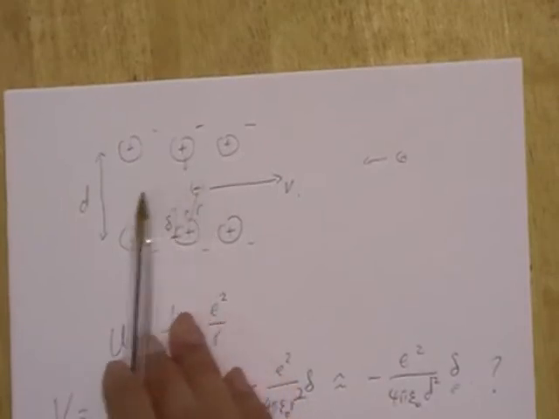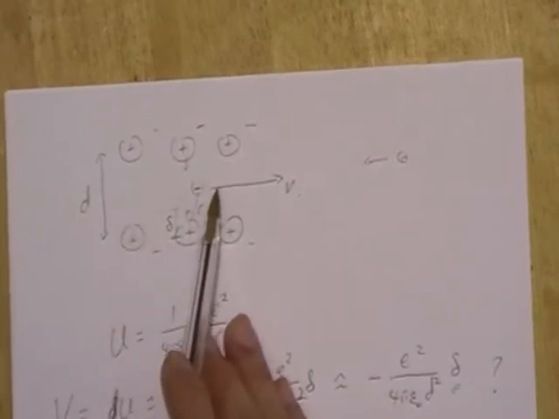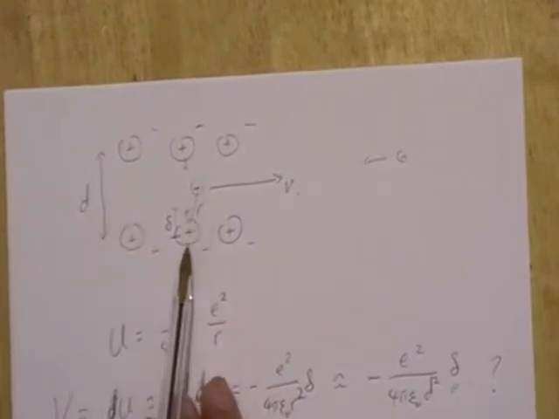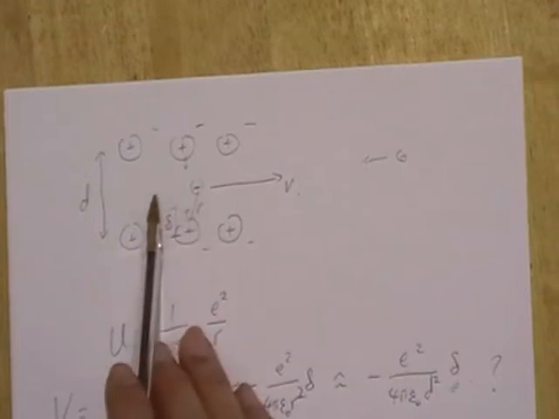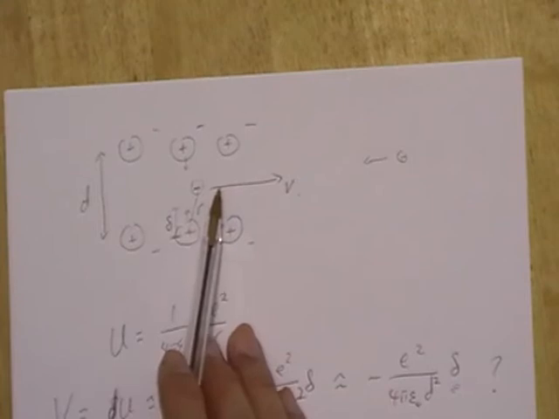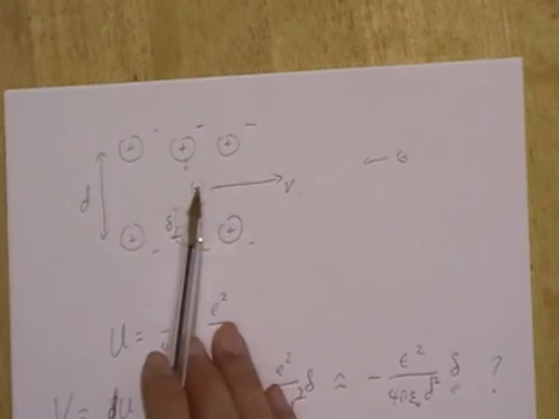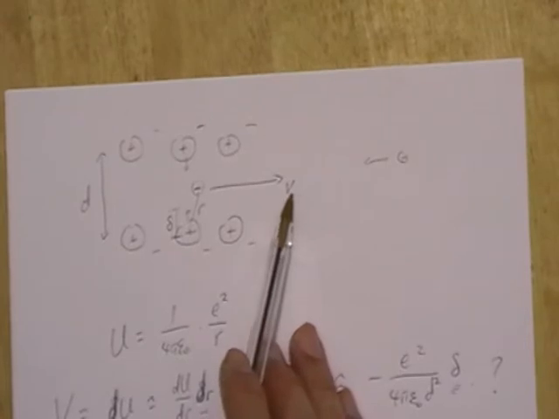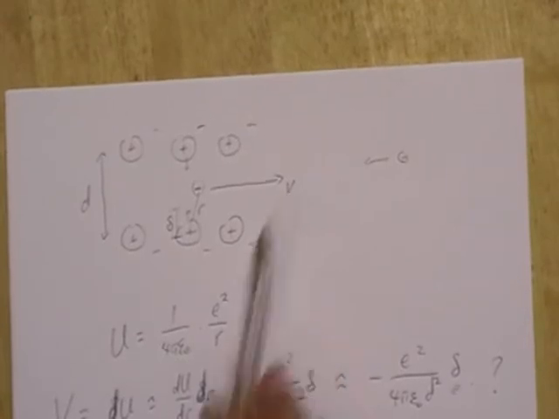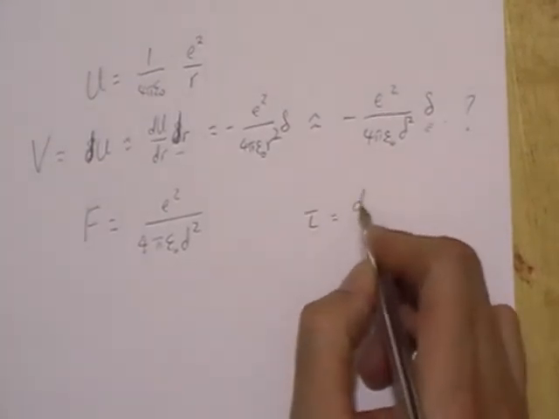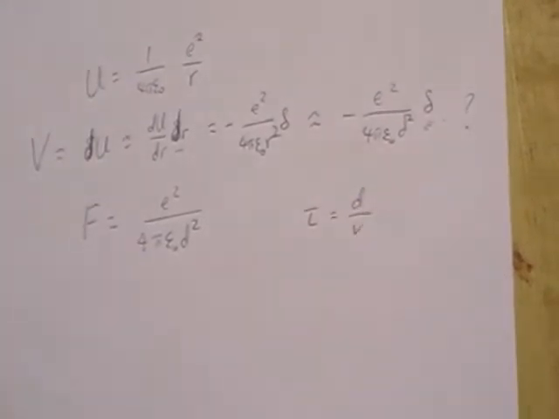So it's only when this is within a range of about d that its attraction is felt by this ion. So we could say that the time that the force will act for is roughly the time for this electron to travel by a distance of about d. And since we know that in terms of the velocity v, that time, let's say tau, would be d over the velocity.